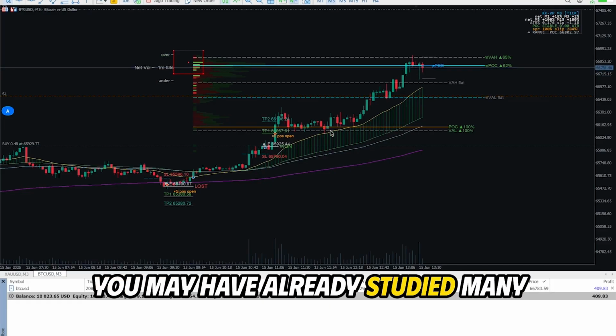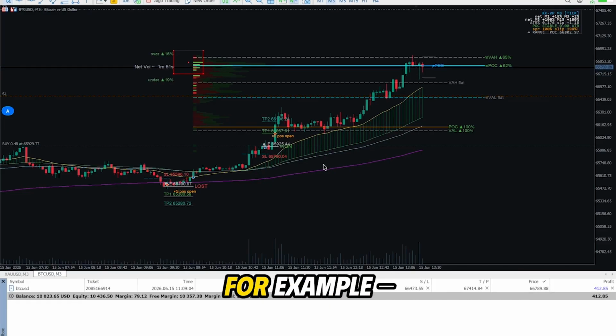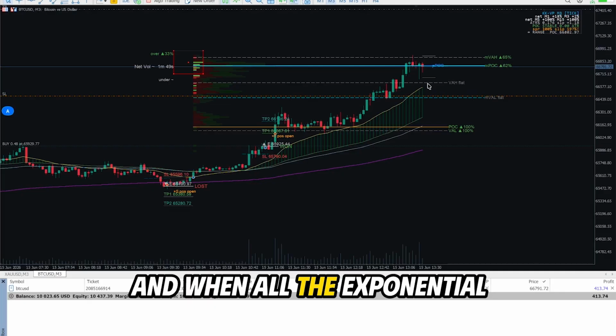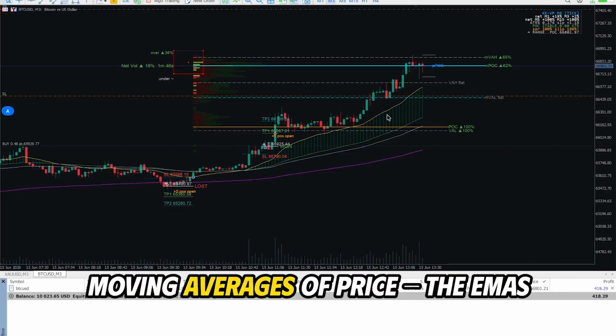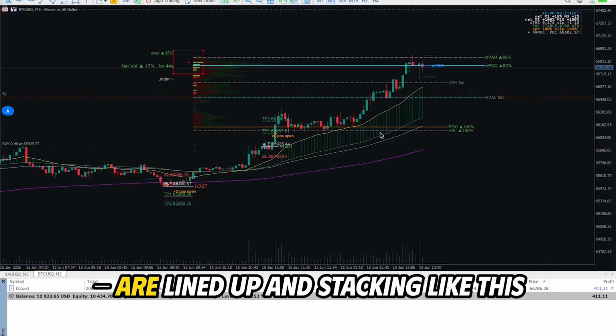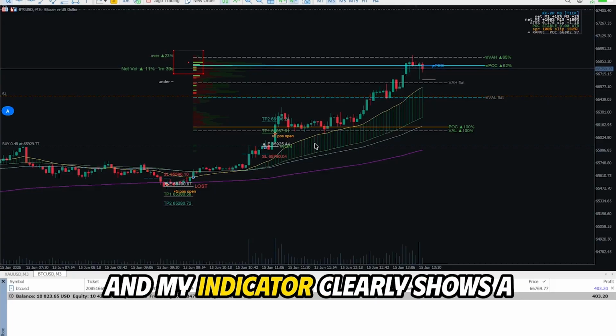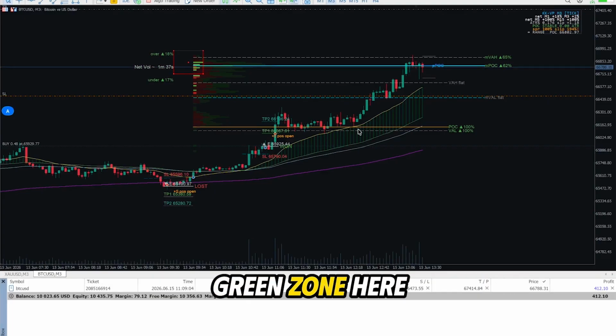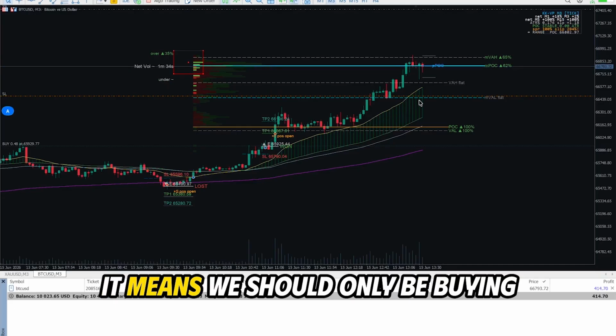You may have already studied many systems, especially the KenKem, and when all the exponential moving averages of price, the EMAs, are lined up and stacking like this, and my indicator clearly shows a green zone here, it means we should only be buying.